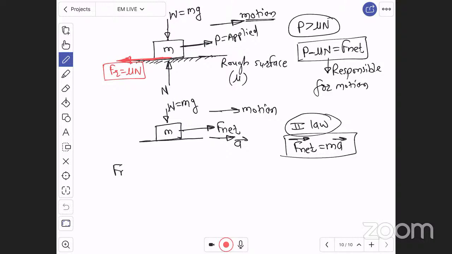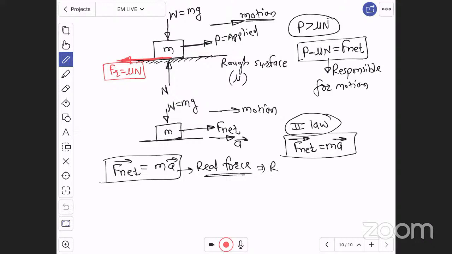That is net unbalanced force is equal to mass into acceleration, right? Now this is called real force, which is responsible for motion, right?